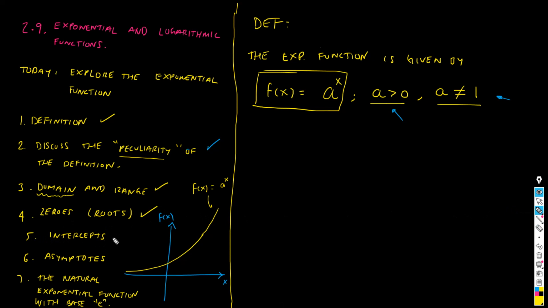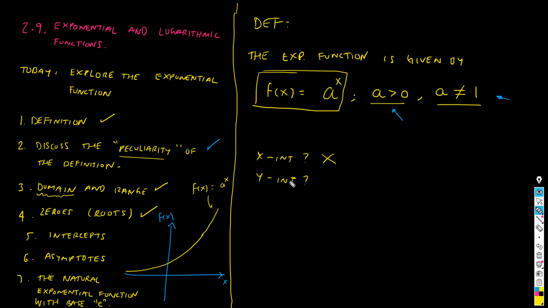What about the intercepts? What about the x-intercept and the y-intercept? Are there any? Well, clearly there are no x-intercepts. Remember that the x-intercepts are the same as the zeros or the roots. If there are no zeros, then there is no x-intercept, as I showed you just a few seconds before in the graph.